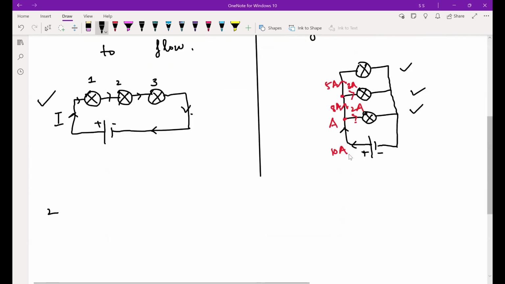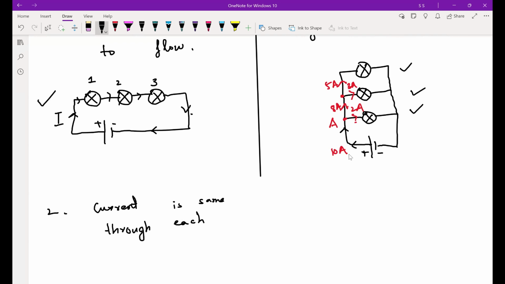The second thing to remember about series circuits is, because current just has one path to flow, in a series circuit, current is the same. Current is the same through each bulb, or through each component in a series circuit.